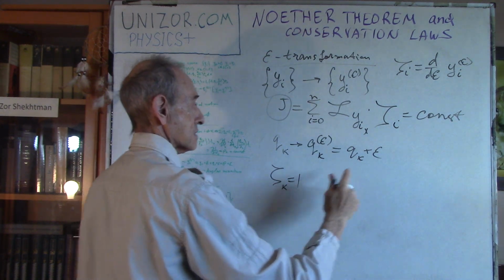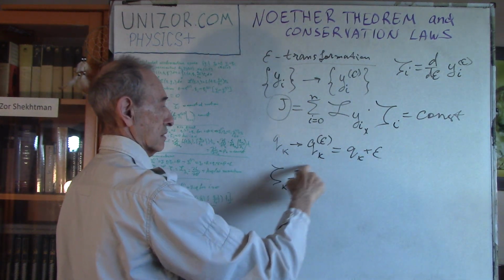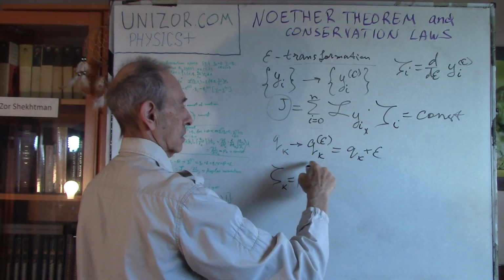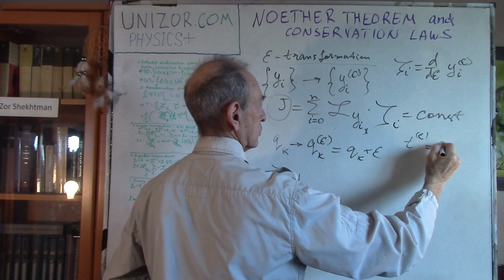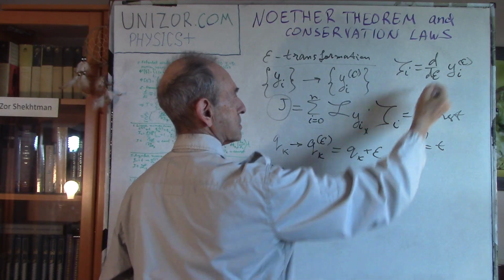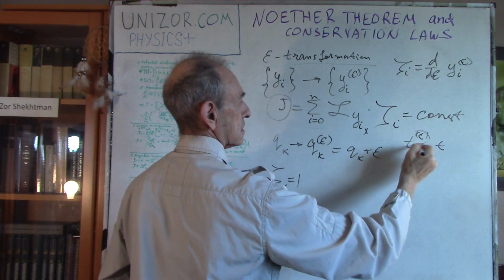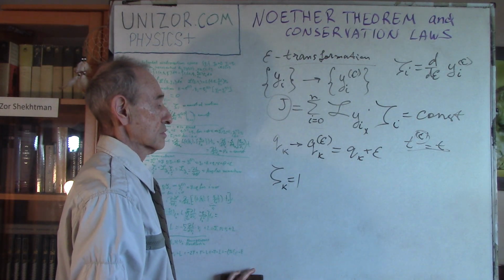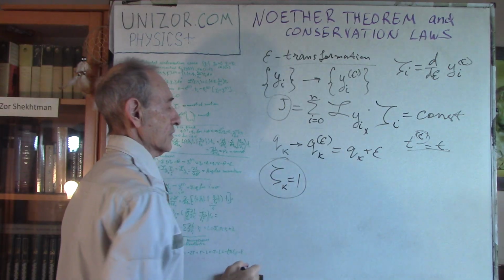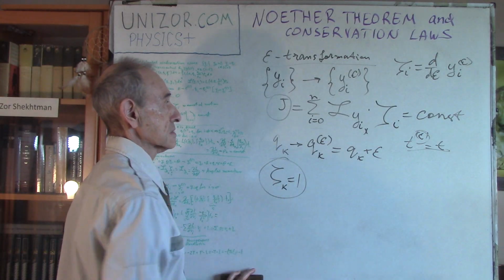All others are not changing; for example, t of epsilon is equal to t, there is no epsilon involved, since this is a constant, and the derivative of a constant by epsilon is 0. So one particular zeta is equal to 1, and all others are 0.